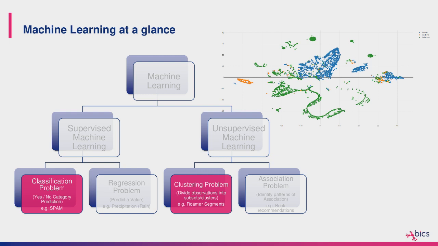Someone like myself would then have to tell my model that the ones with high wickets and low runs are going to be my bowlers. So they're going to be the ones who are trying to actually pitch the ball at someone who's going to try to bat it away. The ones who have high runs and low wickets are probably going to be my batsmen. These are labels that I'm now giving the clusters that the model was able to identify.